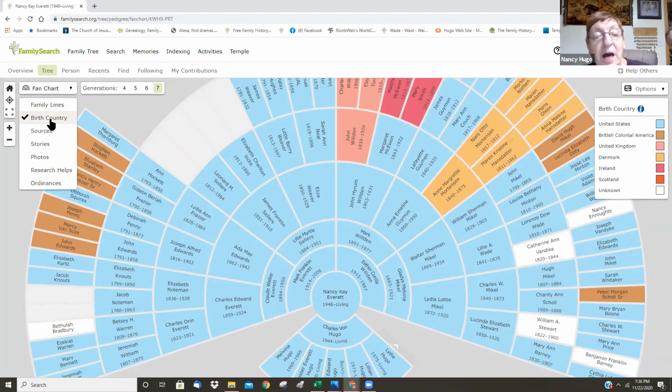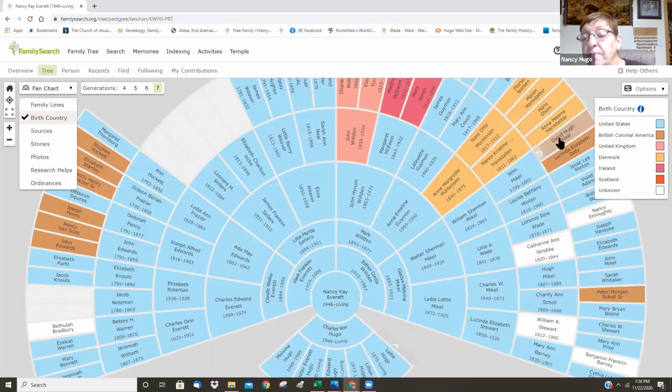So this is not by DNA, this is strictly by birth country according to the information on Family Search. But you can see that most of my ancestors are from the United States, because in my record, United States is blue. Now, it looks like I have never recorded where Catherine Ann Van Dyke was born, and that I have never recorded where William A. Stewart was born. And so I should verify that and change it to United States.